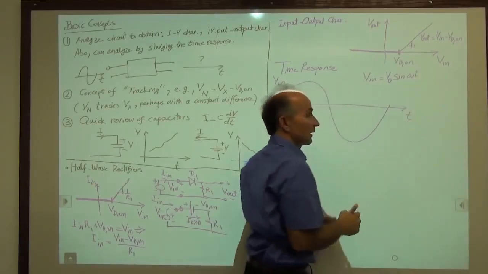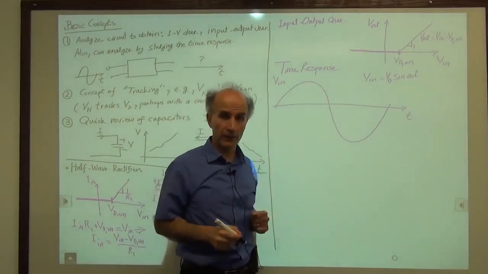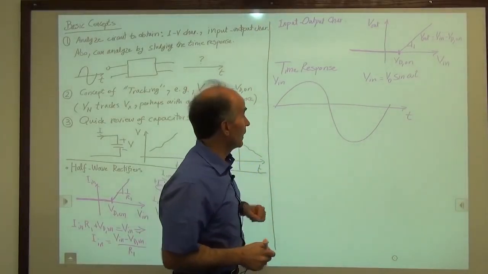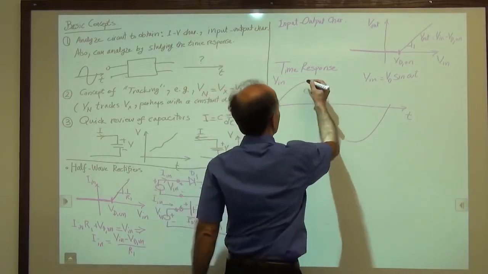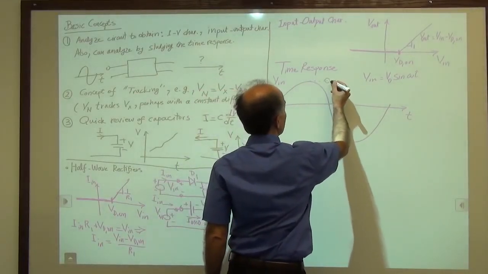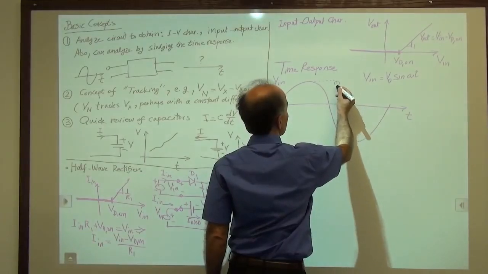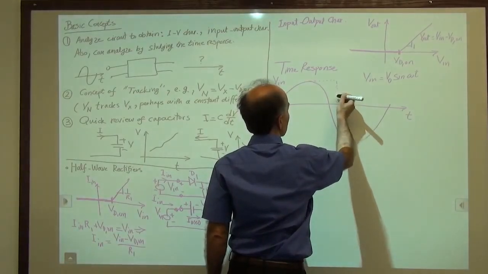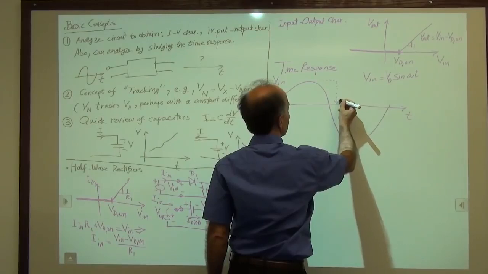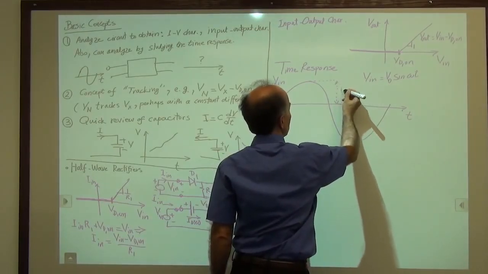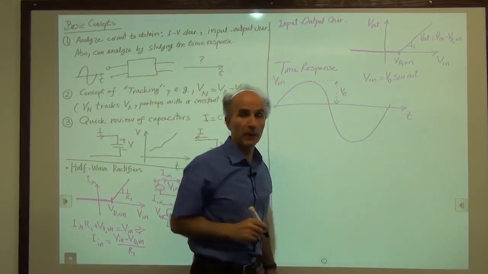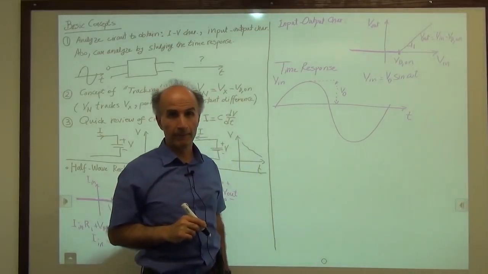Omega is the frequency of the input, 2 pi times the frequency of the input. And V0 is the peak value. So this value here is V0, the peak amplitude of the input.